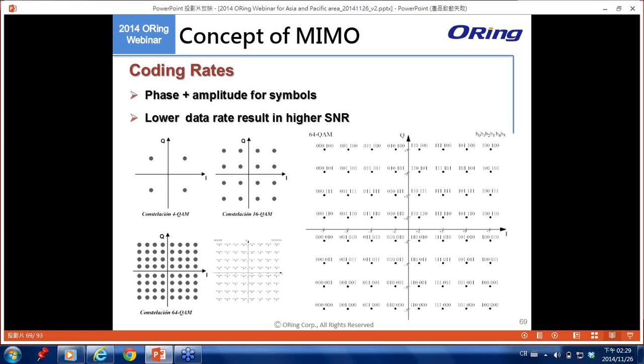Therefore, the receiver needs to detect the communication channel to come up with a suitable coding rate with minimal detection error. So as long as the communication channel is clean enough, or the distance between the transmitter and the receiver is close enough, that is, we have a higher signal-to-noise ratio, then we can have better signal quality and a higher data rate.